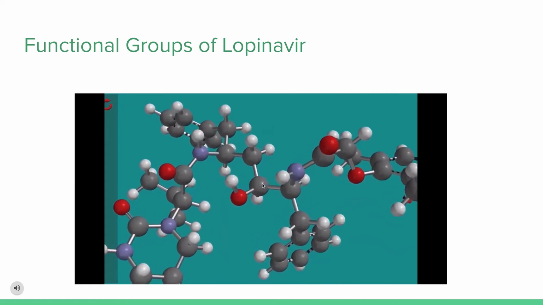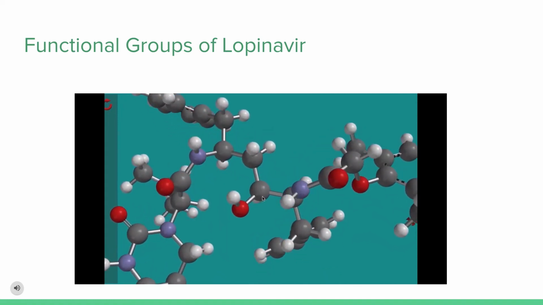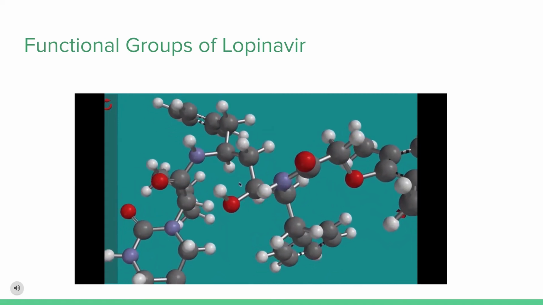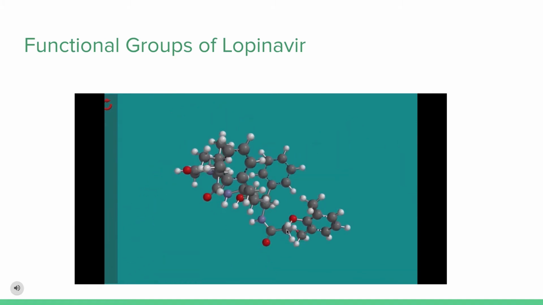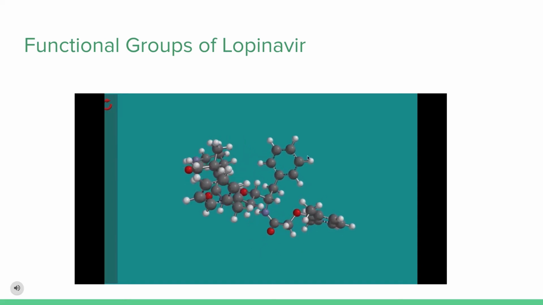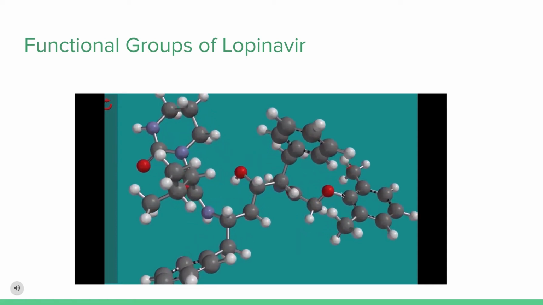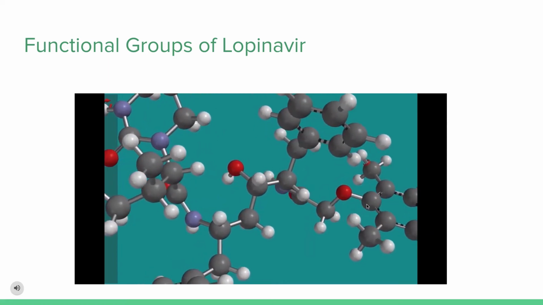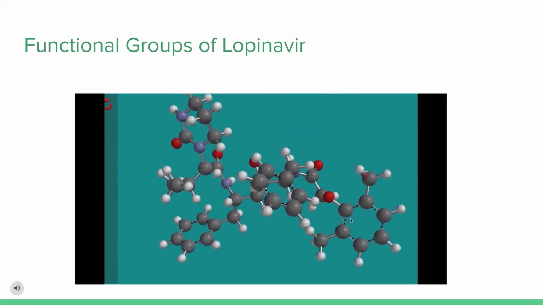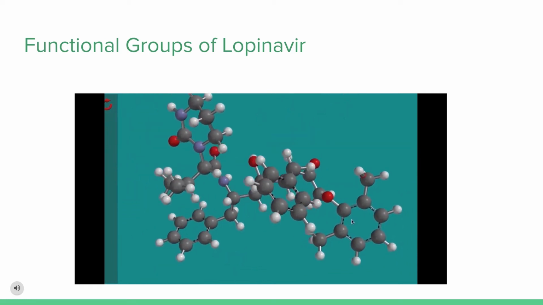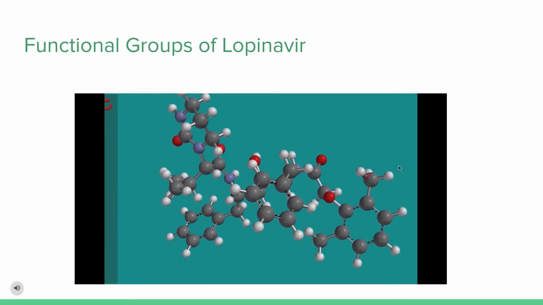And if we zoom in, we can see that alcohol group we have over there. And then we have another amide group, benzyl group. And if we zoom in, we can see that ether group right there. And that one at the end is an arene.